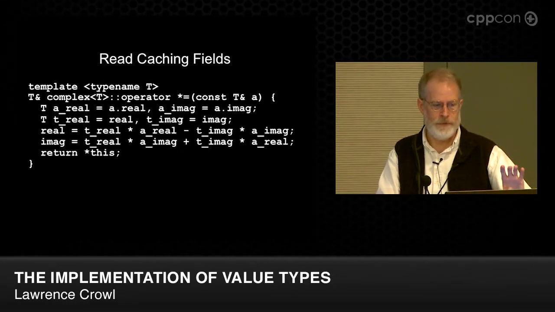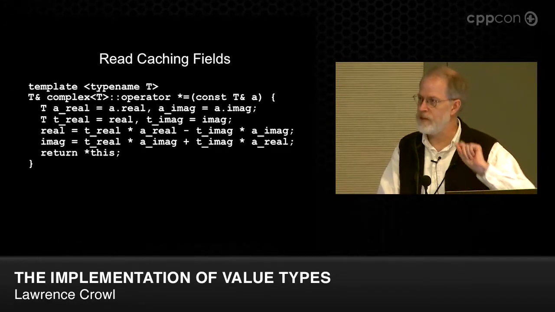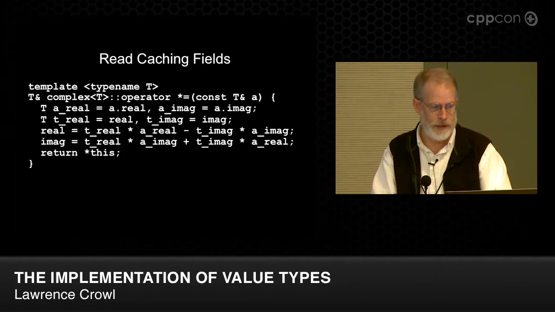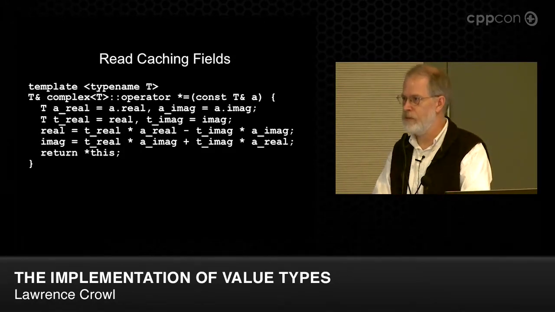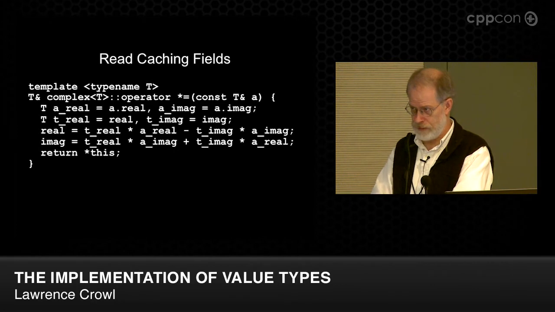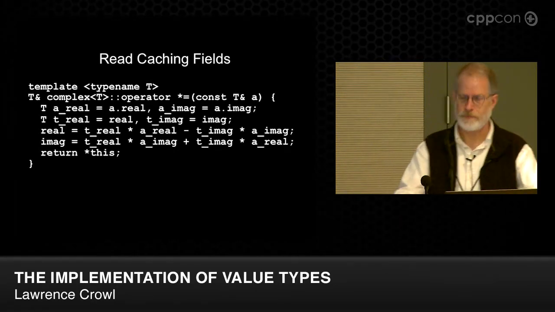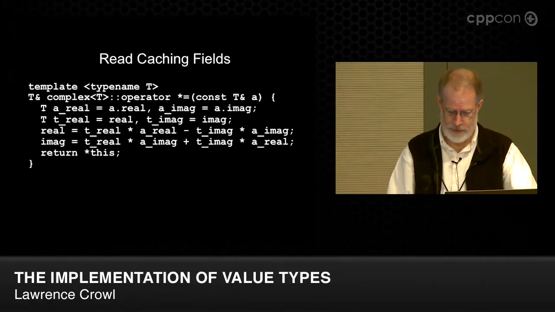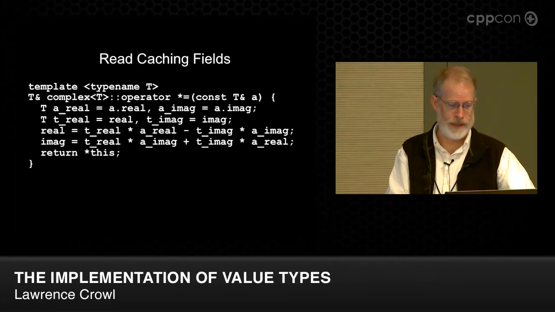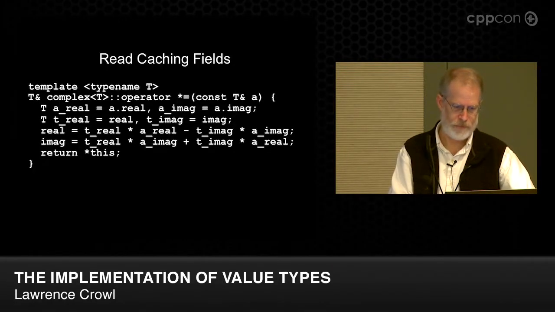But this is a particular example because the complex number in the standard library is built this way because at the time it was designed, pretty much all structs were passed indirectly. And so they did it by const ref. Now all those library vendors probably had some bug they had to fix. But in any case, read caching your fields is a benefit to the compiler, whatever happens.